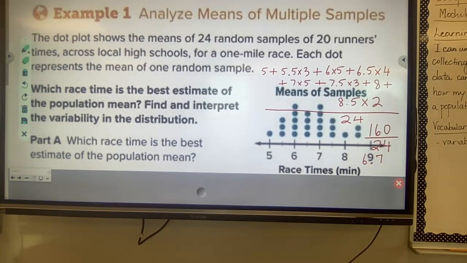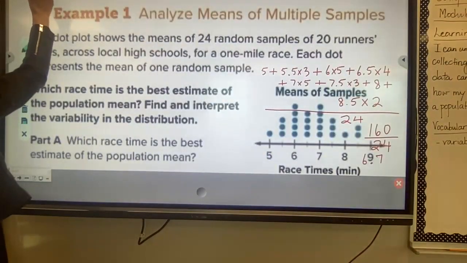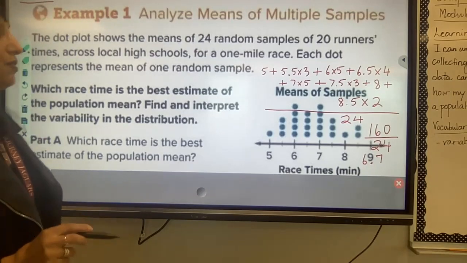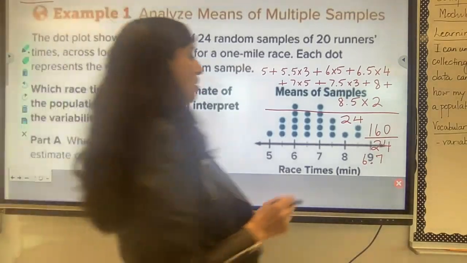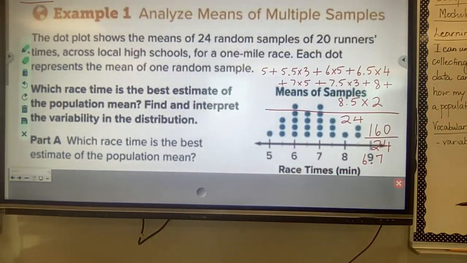That means how far the numbers are from 6 and 7/10. And when I do that calculation, I'm going to get for the mean absolute deviation, you can make a table if you like, or you can look at the distance from 6 and 7/10. So I have 5, and which is how far from 6 and 7/10?